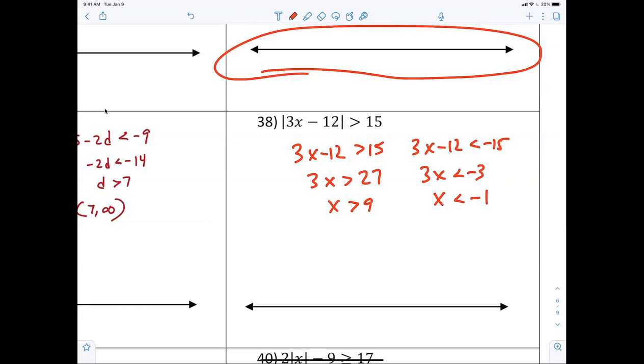All right, so hopefully you're visualizing this correctly. Less than -1 or greater than 9.